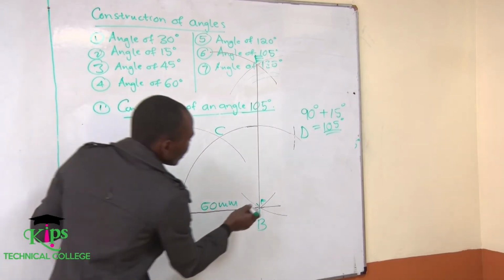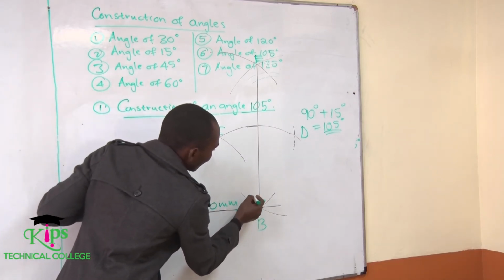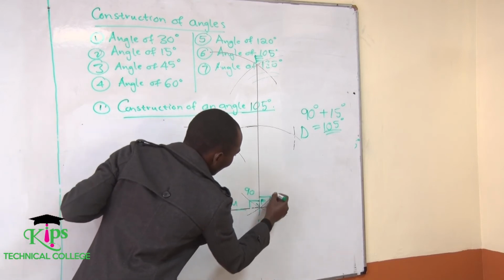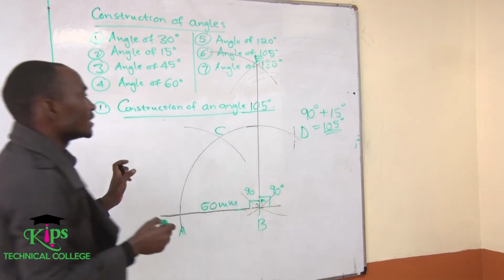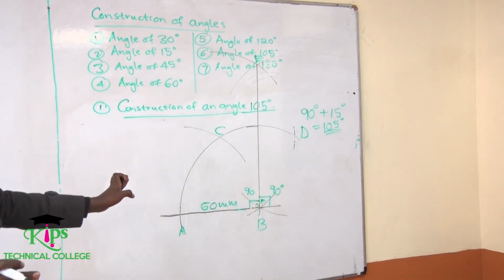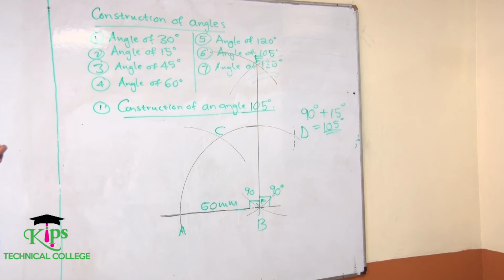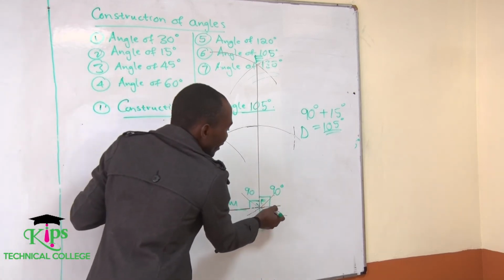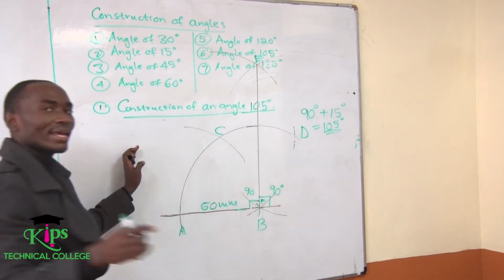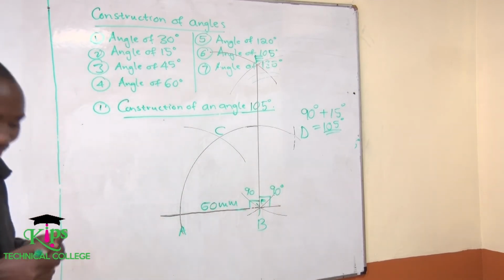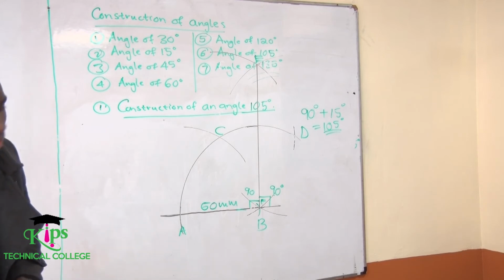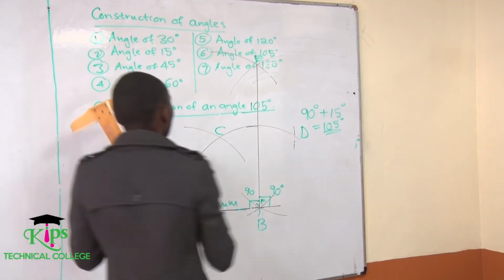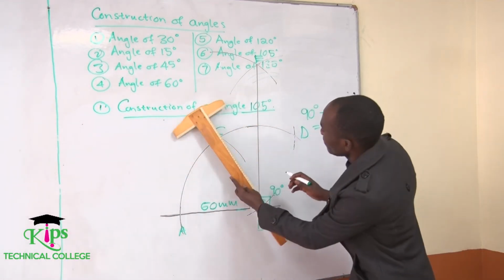Now this is the angle of 90 degrees. Now I want to come up with the 15 degrees. If I already have 90, I need to add 15. So what do I need to do? For instance, this angle, let me join here.